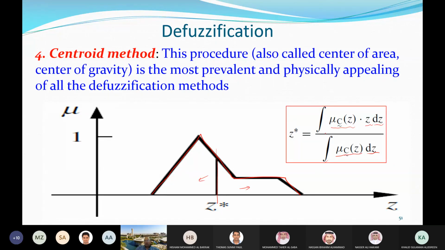What does it mean? Integration means the area under the curve. So you have this curve, or this straight line. You can find this straight line as a function of Z. You can express it as a straight line equation here.